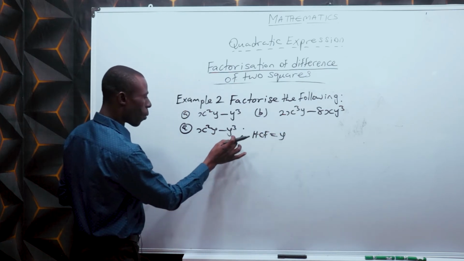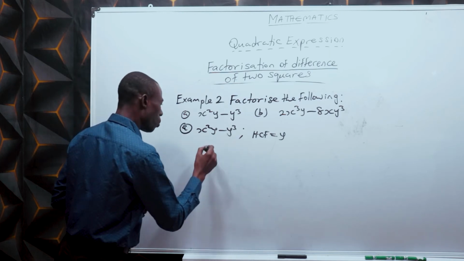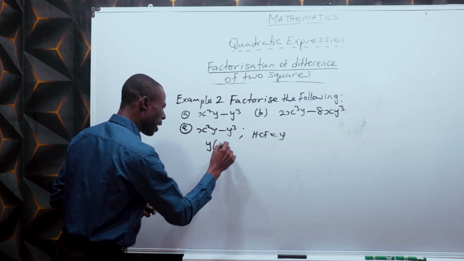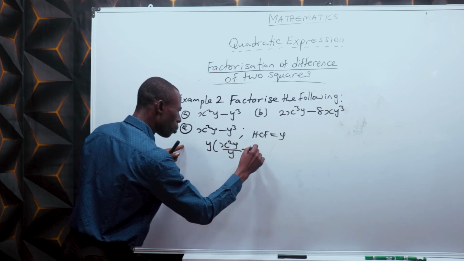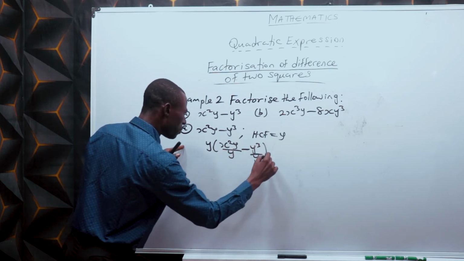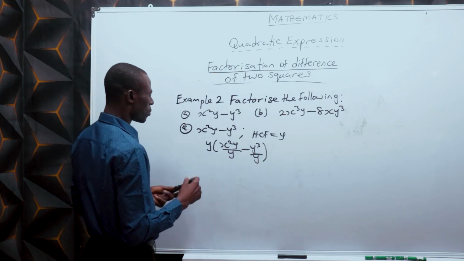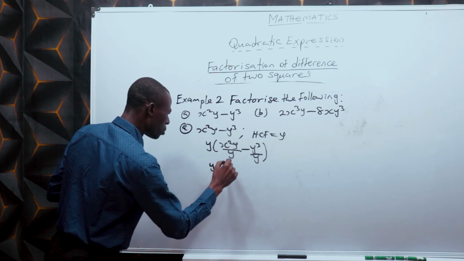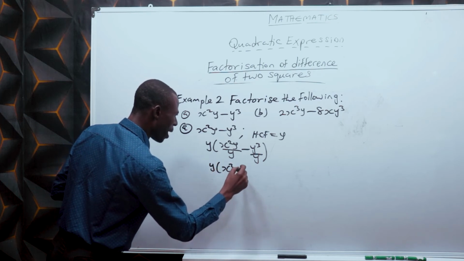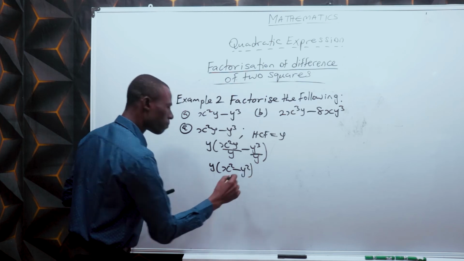Y goes here, y goes here. So bringing it out, y into x squared y divided by the same y minus y cubed divided by y. So this gives y into x squared minus y squared.